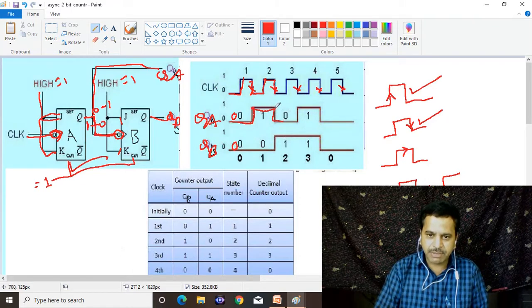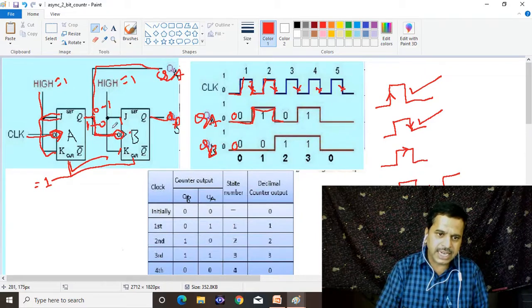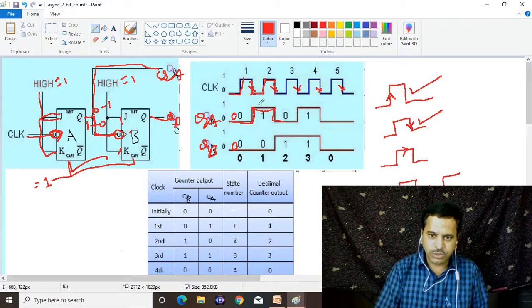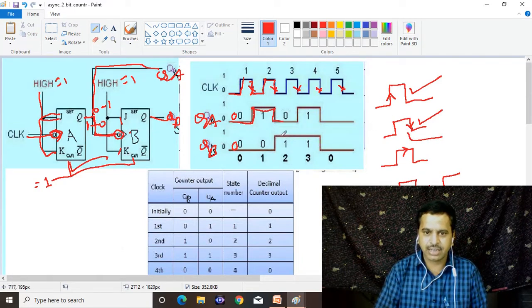At the same time, when it goes from 1 to 0, this flip-flop feels that it is a clock, that is a negative edge triggering clock. So it also changes its state from 0 to 1, because earlier it was 0. Now it goes from 0 to 1.